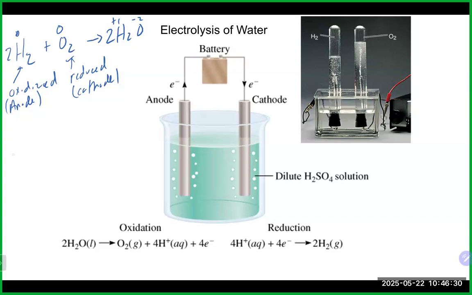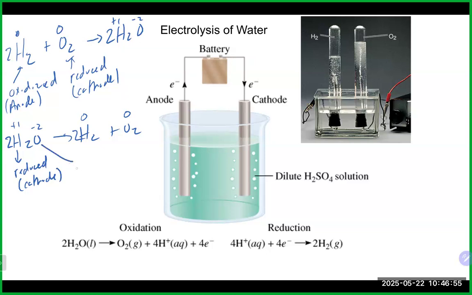When we're doing electrolysis, which means we could run an electrical current across water and break it apart into hydrogen gas and oxygen gas, we are going in the opposite direction. Again, +1 and -2 on this side, 0 and 0. So here the hydrogen is getting reduced and is our cathode.